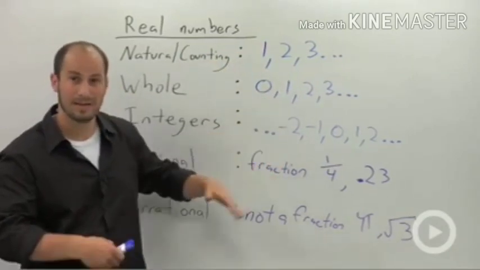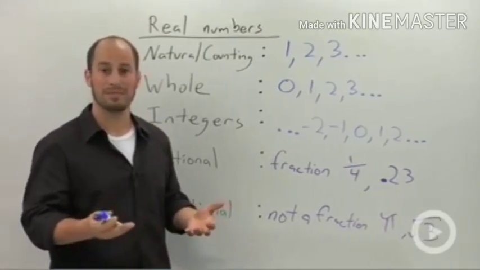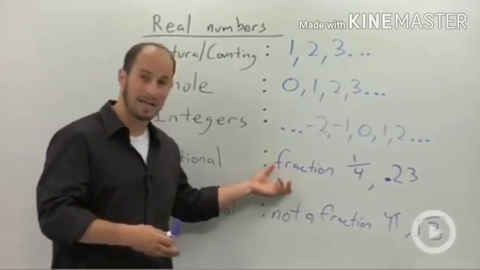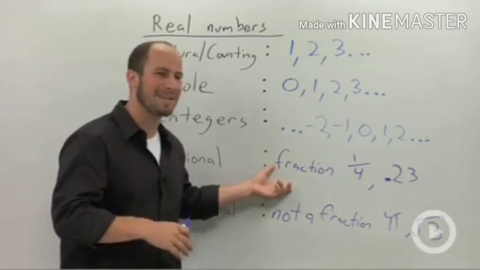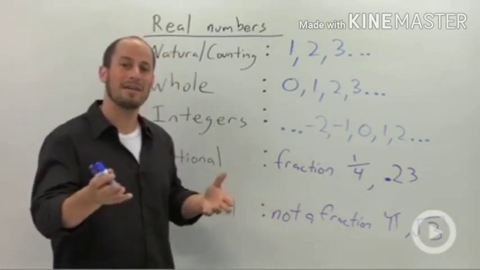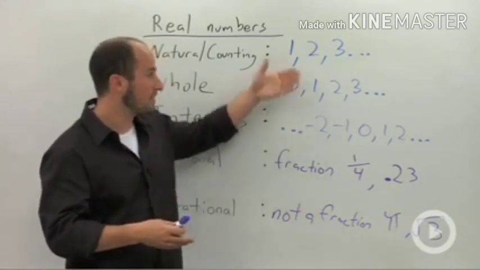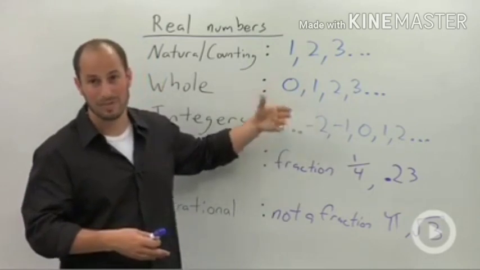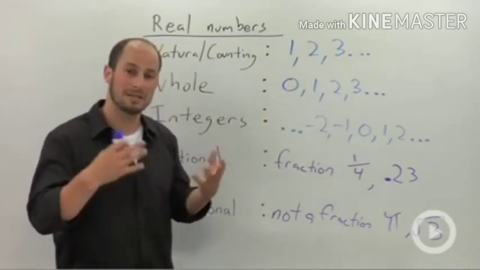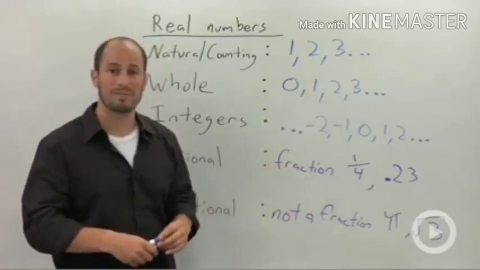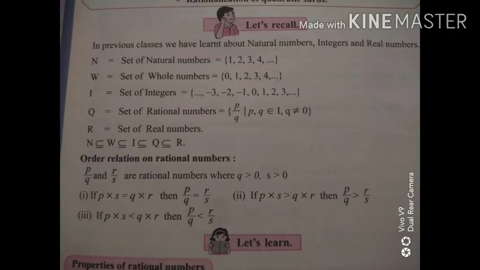Something like 8/2, you can simplify that to 4. So it's not just a rational number, it can also be an integer, whole number, or counting number as well. Okay? So just looking at your classifications, always make sure you simplify before you jump to a conclusion as to what type of number it is.